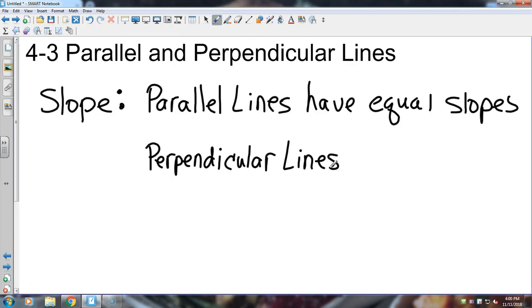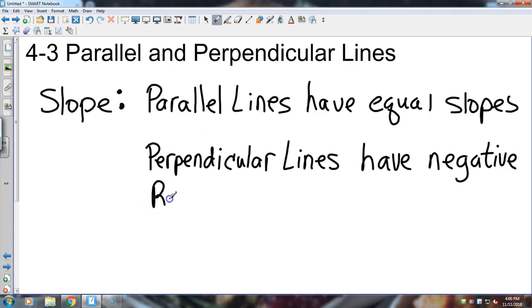And perpendicular lines have negative reciprocal slopes. And I'm going to give you an example of what that looks like.